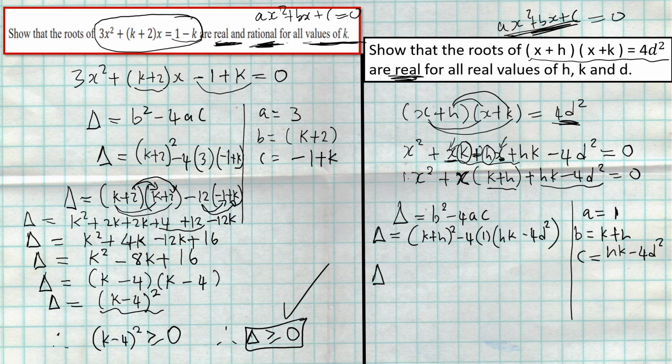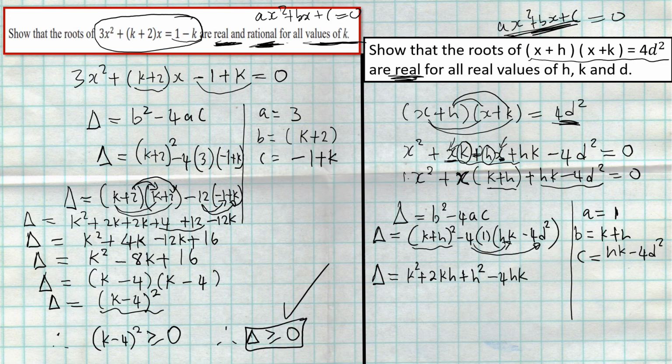I can go and expand. When I expand here, I'll just do it very fast. (k plus h) squared is going to be k squared plus 2kh plus h squared. So you can open two brackets just to be safe, and you multiply each of them. But if you know how to do that fast, you can do that. Minus 4 times 1 is minus 4. Then minus 4 times hk is going to be minus 4hk.